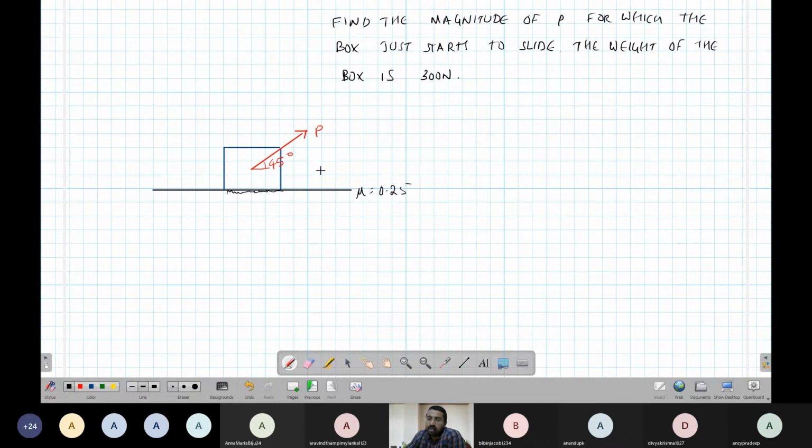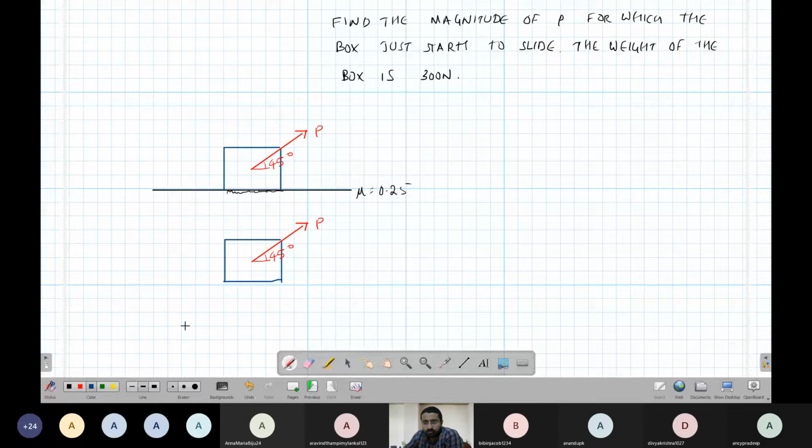Okay, so the first thing is you have to draw the free body diagram. It is easier because most of the things are given here. We'll just copy this. I'll complete the box. I am freeing the box. So what forces do we have?